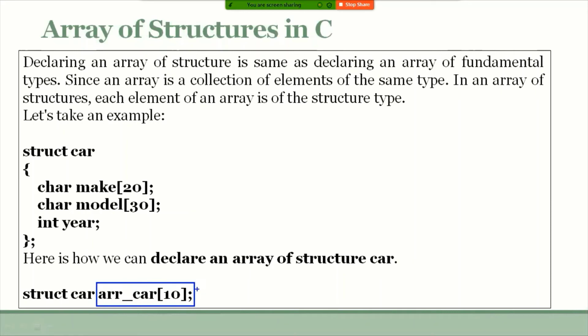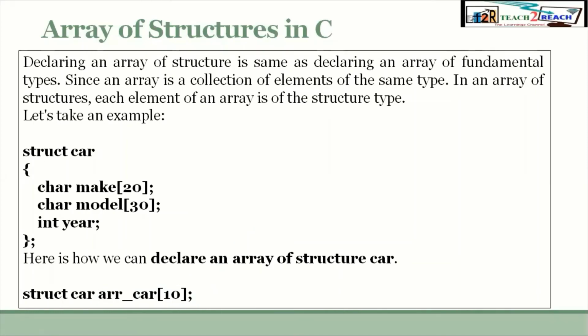So this is called the array of structures concept. Instead of declaring 10 different structure variables, this concept we can use. That we will discuss with the help of the next slide.